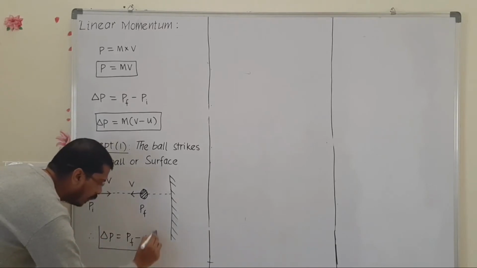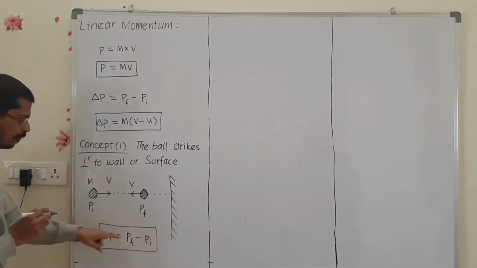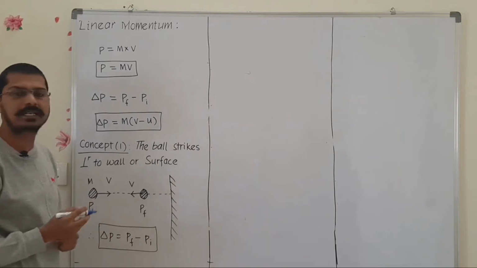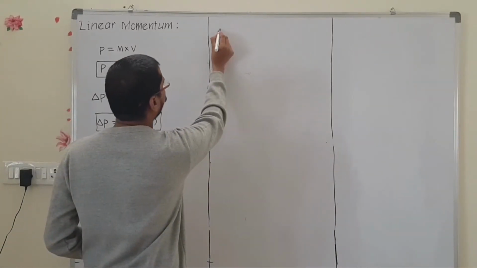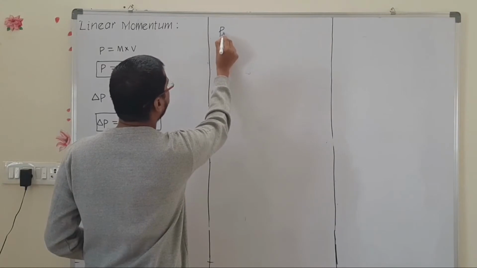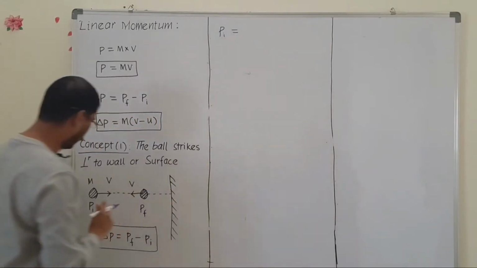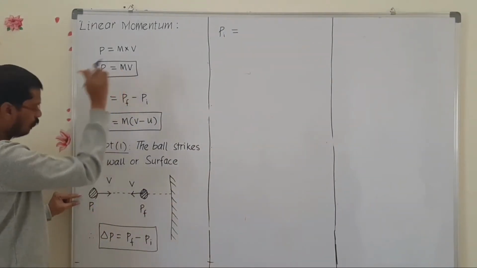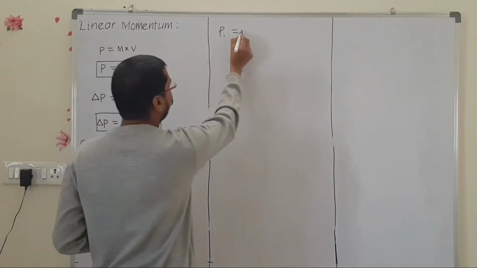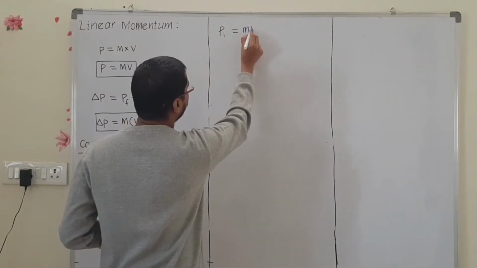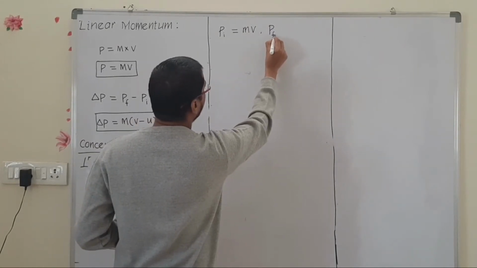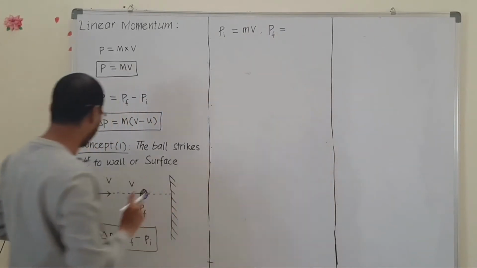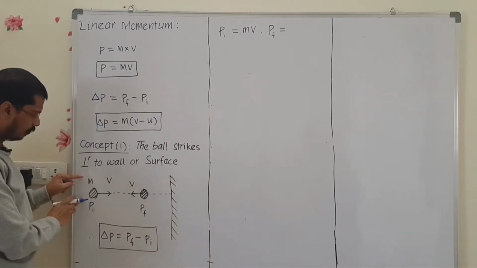This is a formula we have already discussed. We have to find what the final momentum and the initial momentum are. The initial momentum is mass into velocity.